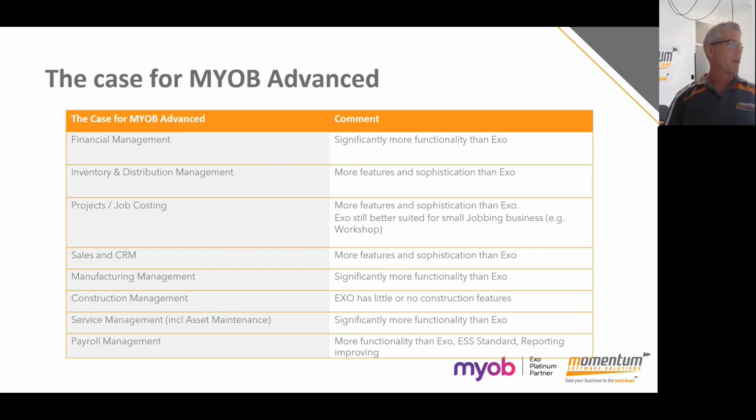Sales and CRM, again, overall, much more sophisticated. The CRM module has much better email integration, for example, the ability to issue quotes and multiple revisions of quotes, whether they be sales quotes or project quotes. Marketing lists and email marketing is better.